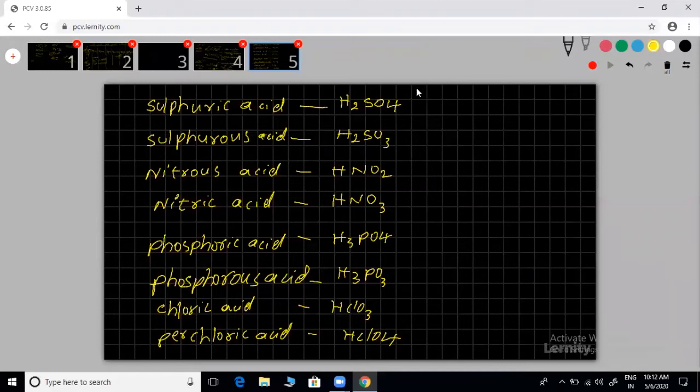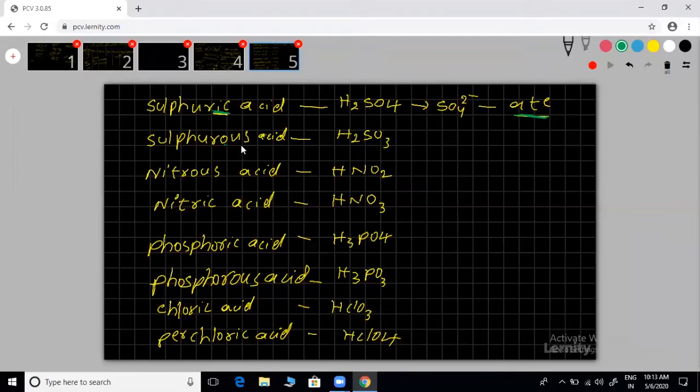Now corresponding, you can see which we are getting here. Corresponding anion SO4 2 minus. This we call ATE. The name ends with ATE, for which we get the ic acid. Ic acid corresponds to the ending ATE. Can you find that? Ic, ATE.